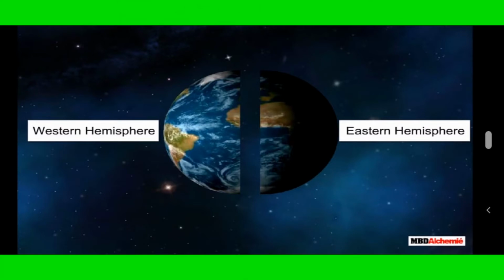The part of the earth between 0 to 180 degree towards the east of the prime meridian is called the eastern hemisphere, and the part of the earth between 0 to 180 degree towards the west of the prime meridian is called the western hemisphere.